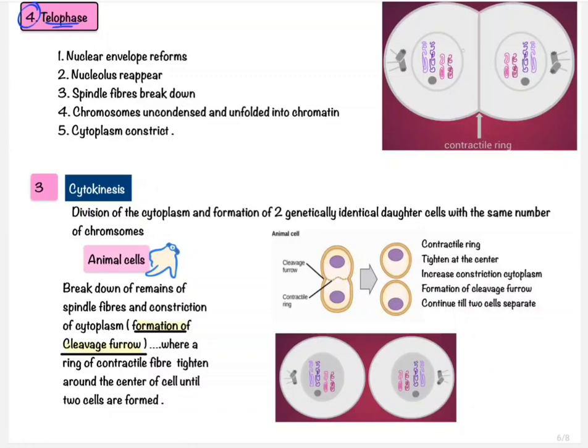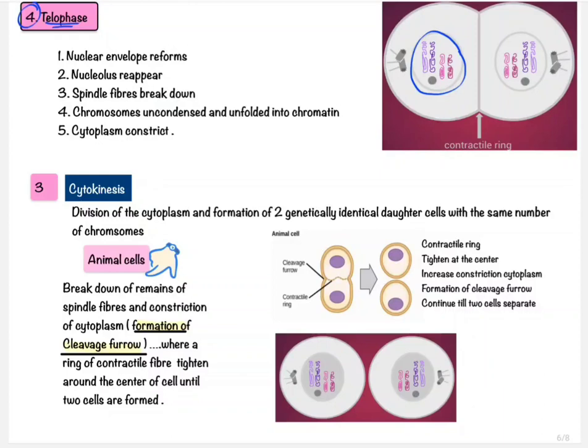The nuclear envelope reforms and the nucleolus reappears. All of a sudden, it reappears again, okay? The spindle fibers break down. I no longer need them. They were used to push and pull the chromatids and everything.